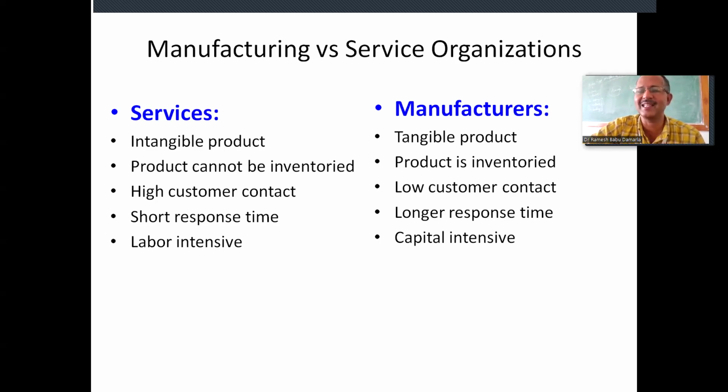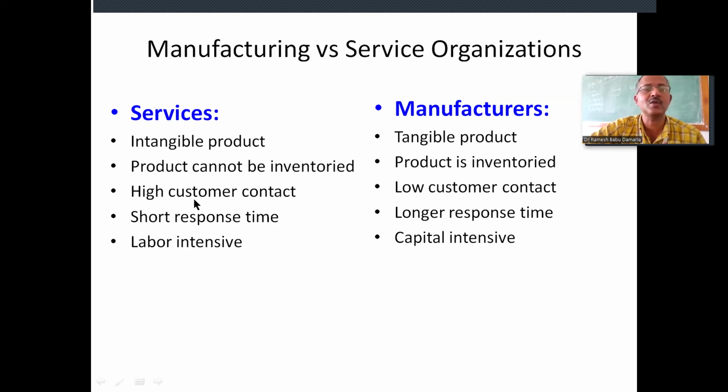We need to consume then and there, like watching a movie, going to a mall, purchasing an insurance product, going to a theme park, right? You cannot stock services, doctor service, lawyer service, consultant service. Whereas production, you can inventorize, you can keep some stock.